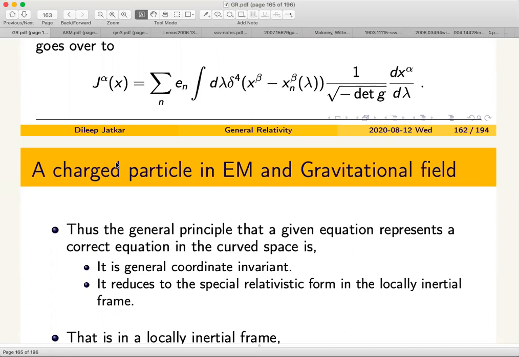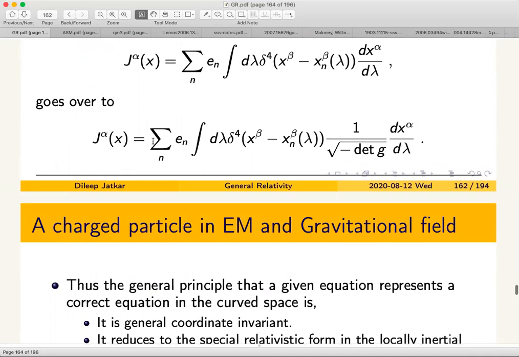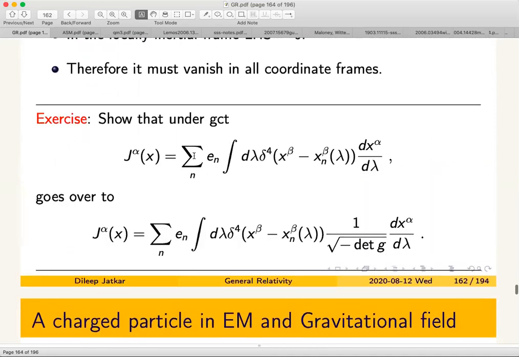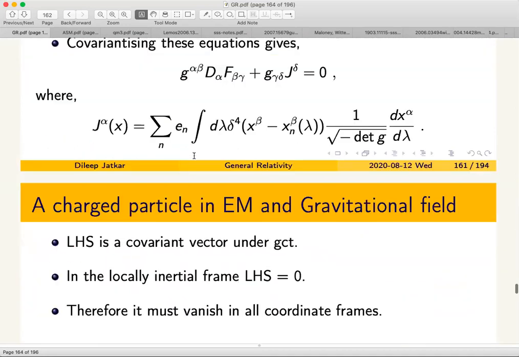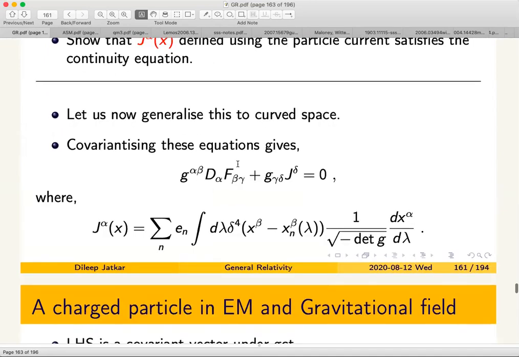Okay, and this is something that we checked. We claim that this equation has a tensorial property, and if you go to a frame in which g alpha beta is eta alpha beta, then the Christoffel connection inside D alpha would just vanish. That is what would happen in a locally inertial frame, and then this equation just reduces to the special relativistic form.